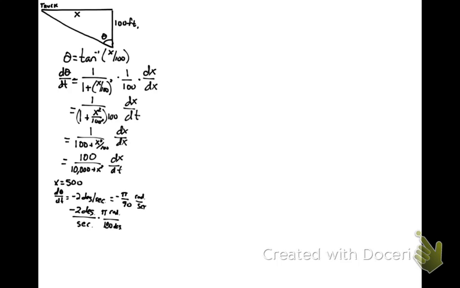I need to make that conversion because those are the algebraic units that we've been working in, right? And the original problem told us that theta was in radians, so those are the units we're working in.